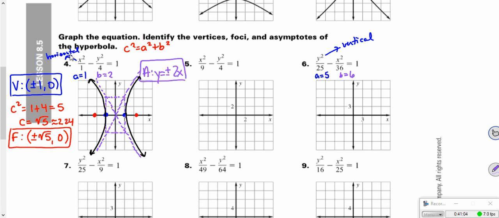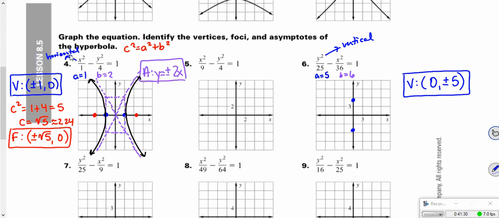So first of all, my vertices are going to be 0, comma, plus or minus 5. Remember, it's vertical, so I'm going up 5. Remember, we're counting by 3s. I hate when they do that. And down 5.